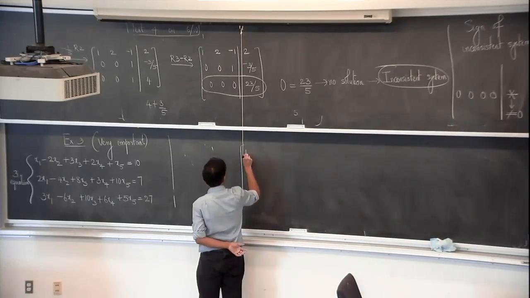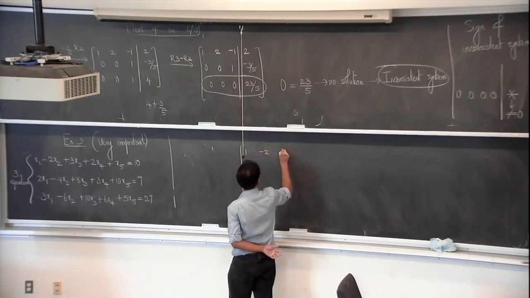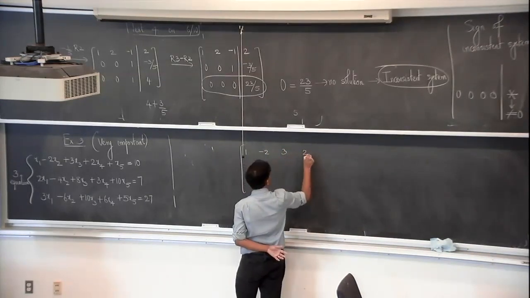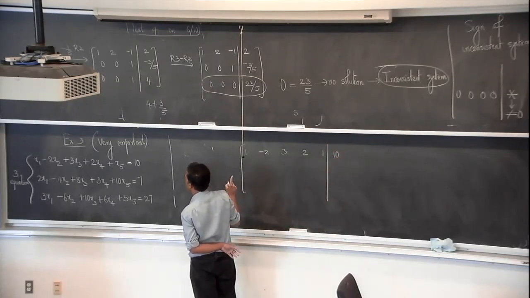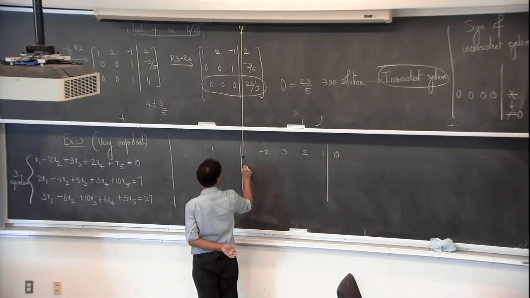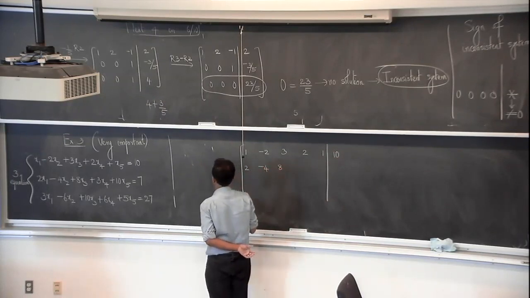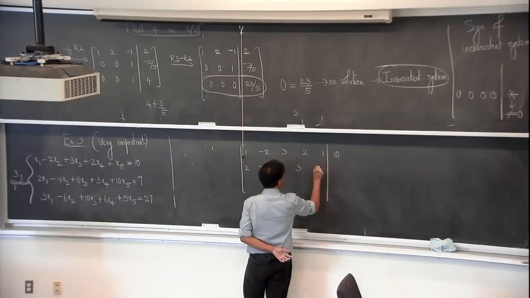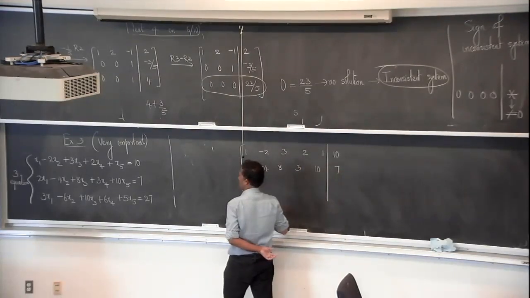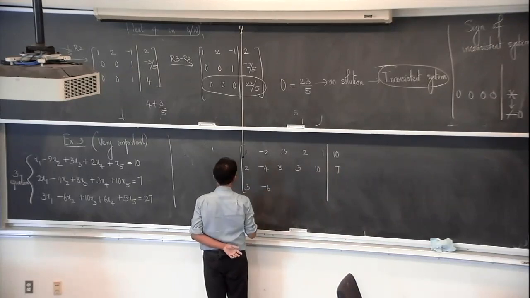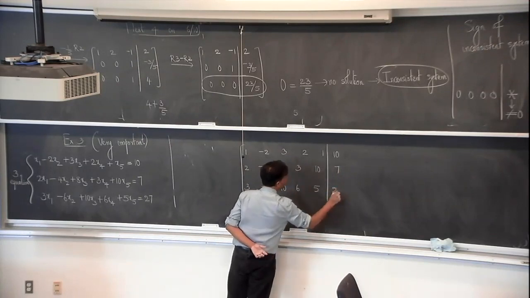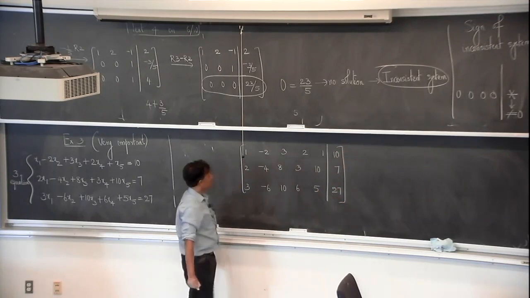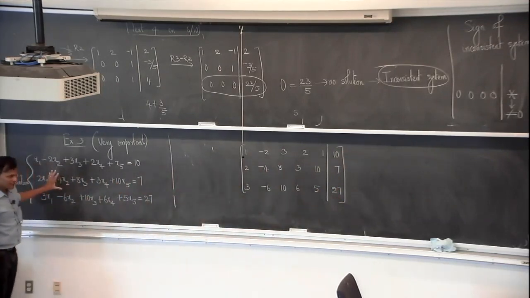So we have 1, -2, 3, 2, 1, augment 10, 2, -4, 8, 3, 10, augment 7, and 3, -6, 10, 6, 5, 27. So it's a 3 by 5 matrix on the coefficient side plus the augmented column.